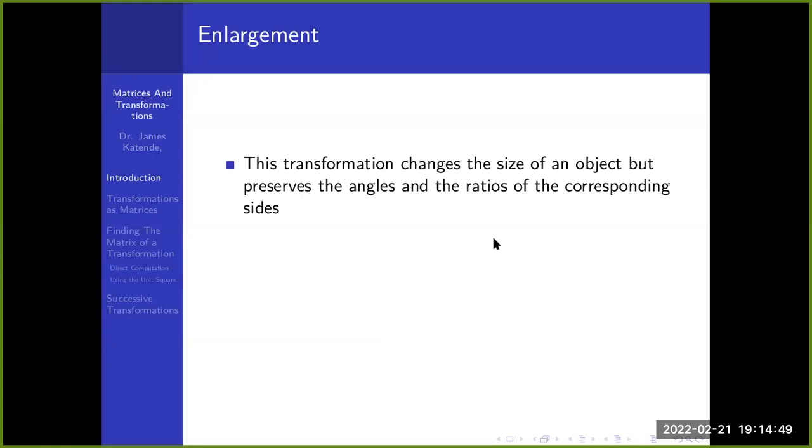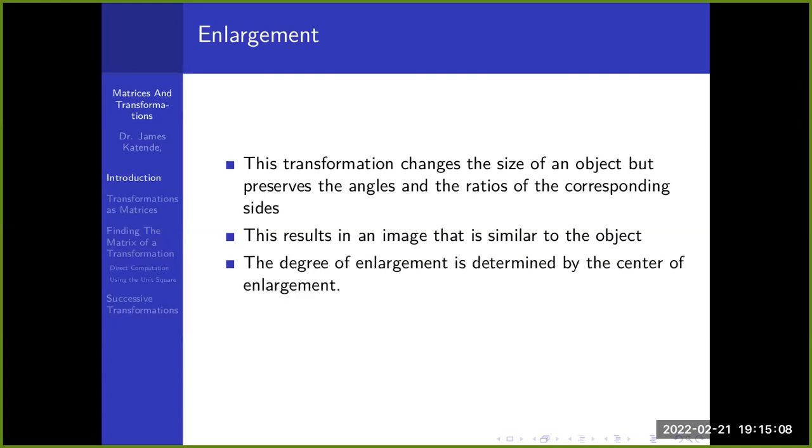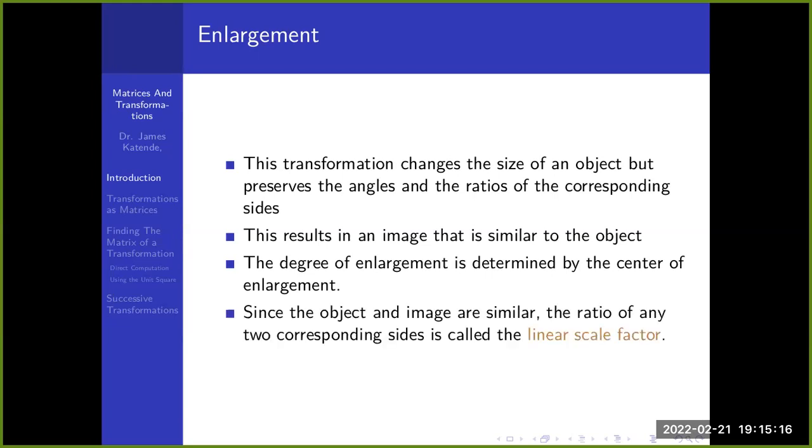So the next we'll look at is enlargement. Enlargement simply changes the size of an object, but preserves all the angles and ratios of corresponding sides. So what you end up with is a similar object. The image is similar to the original object. How big the enlargement will be is determined by the center.